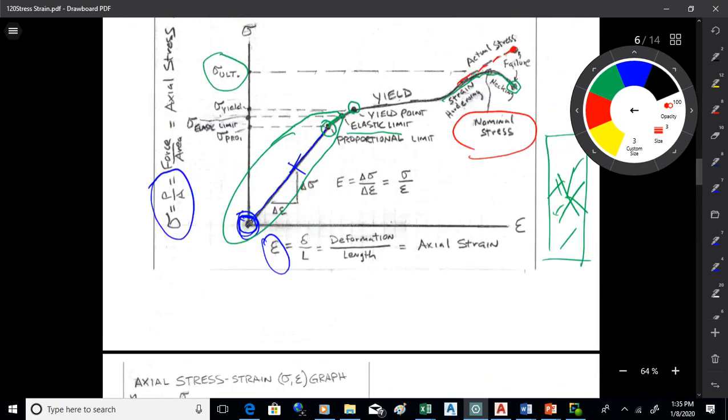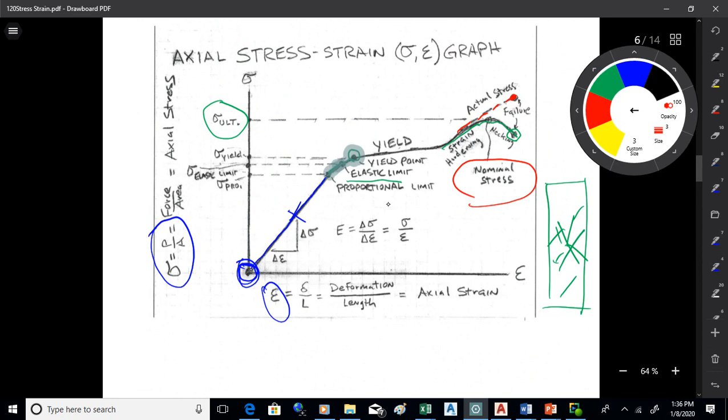So what you have there in that portion of the graph are 3 points that are all kind of close together. The proportional limit is the end of the straight line portion of the graph. The elastic limit is the limit which, if you go beyond it, you will no longer rebound to the original length. You won't return to the original length.